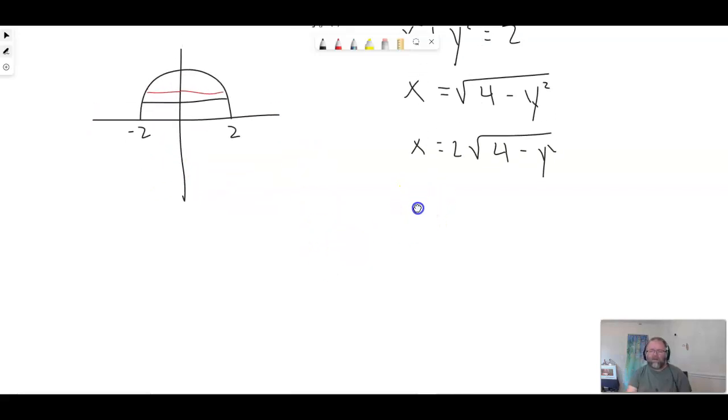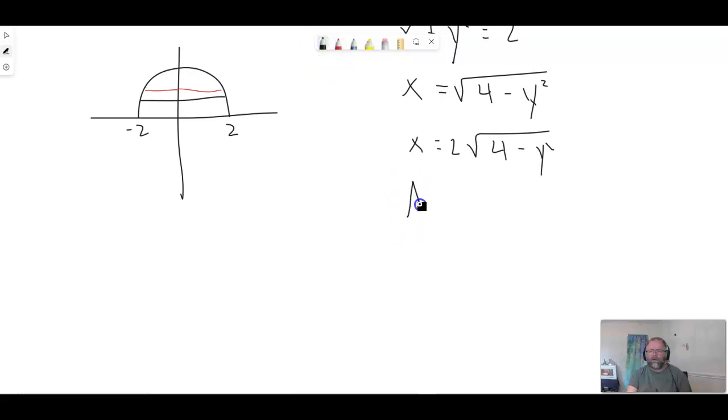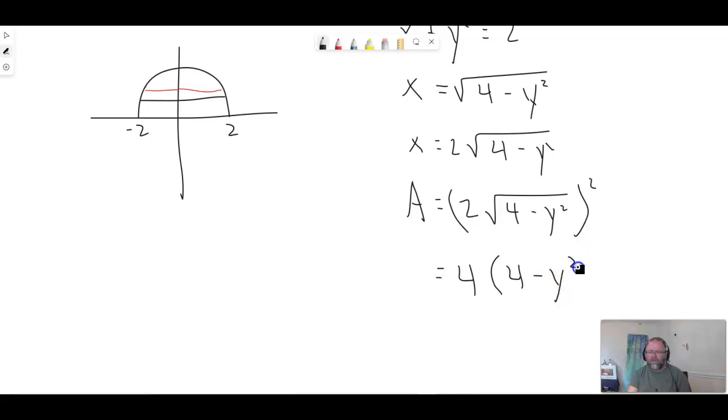So our area function here is just going to be this function, 2 root 4 minus y squared, quantity squared, and that's just going to be equal to 4 times 4 minus y squared, which is going to be equal to 16 minus 4y squared. So this is our area function here.